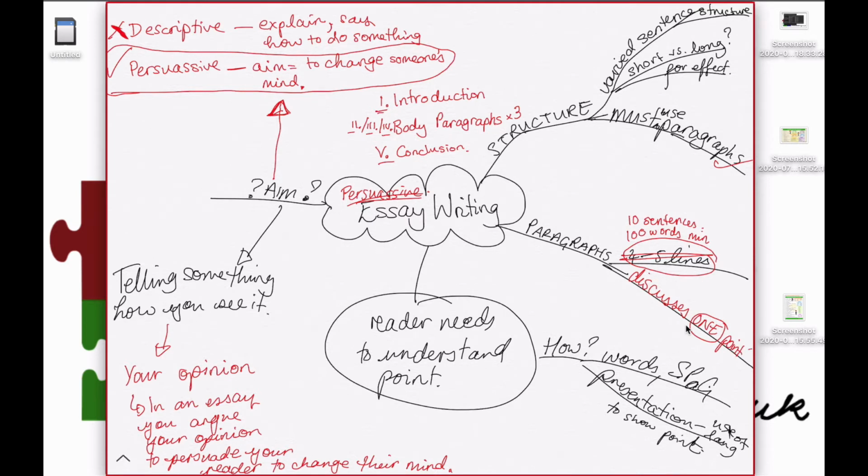It's one point, one idea. And then within paragraphs, they're made up of sentences. You can think about it like this. Sentences are one thought.